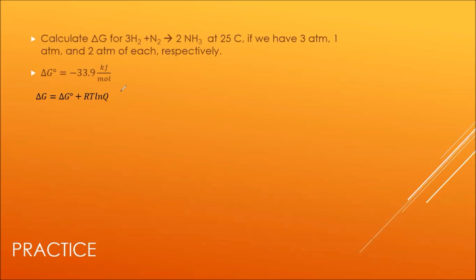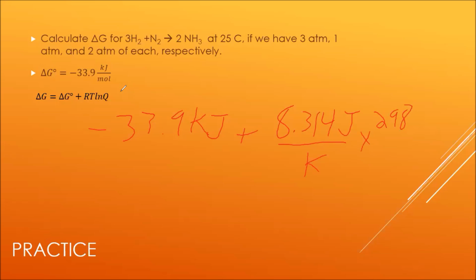Our equation is this. Delta G non-standard, which is what I'm calculating, is equal to 33.9 kilojoules plus R, which is 8.314 joules per mole Kelvin, temperature at 25 degrees is 298 Kelvin, and then ln Q. Now Q, here's where we've got to remember.